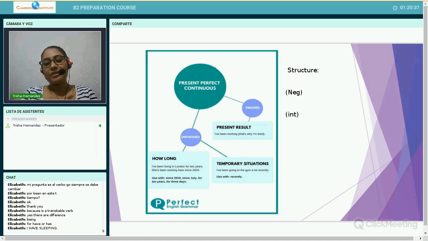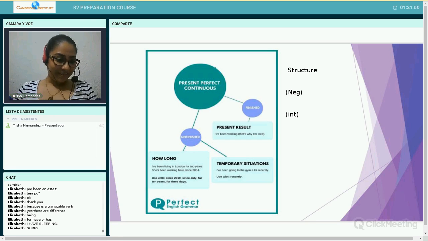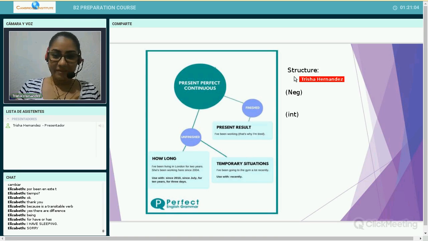Well, before we start, or you start telling me the structure. Okay, but there is something missing in your structure, Elizabeth. But you are really, really close. Just you're missing something.